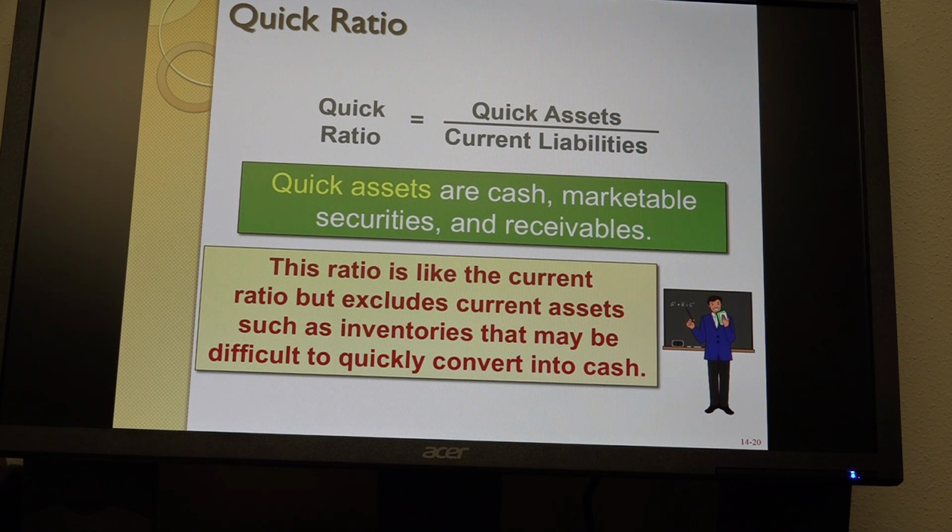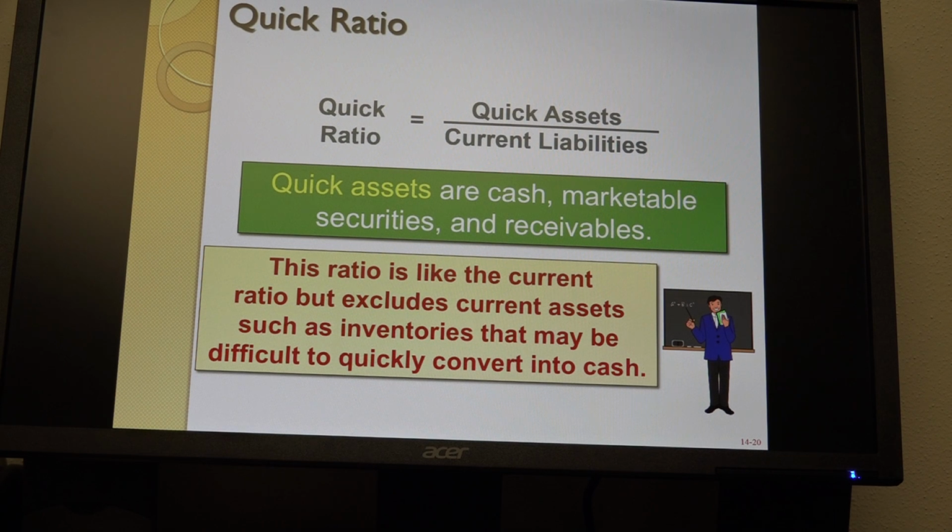And so what's a good number? Well, the closer you can get to a 1-to-1 ratio of quick assets to current liabilities, the better. If you're a little bit less than 1-to-1, that's still probably pretty decent.